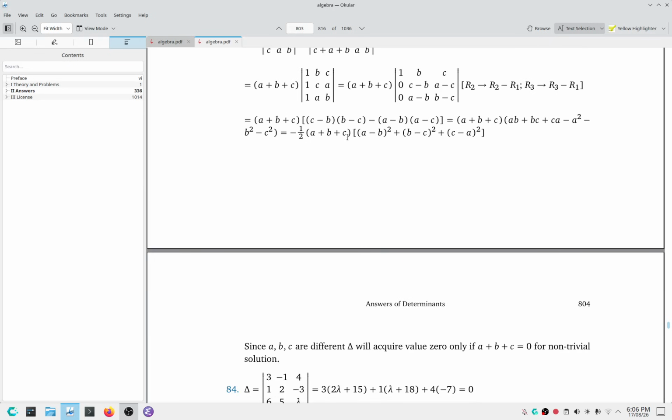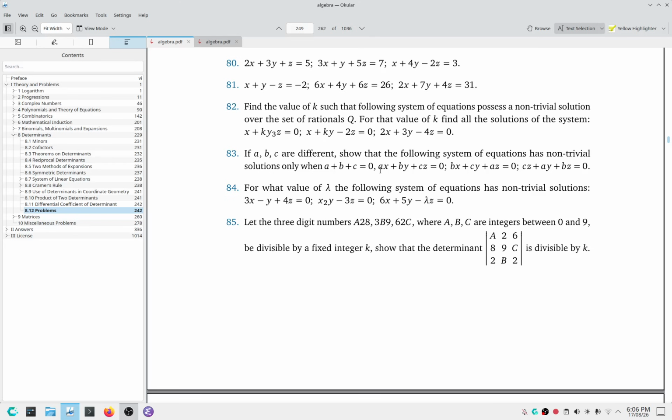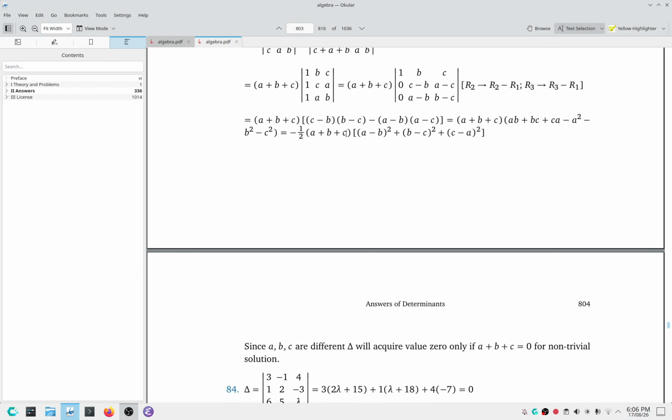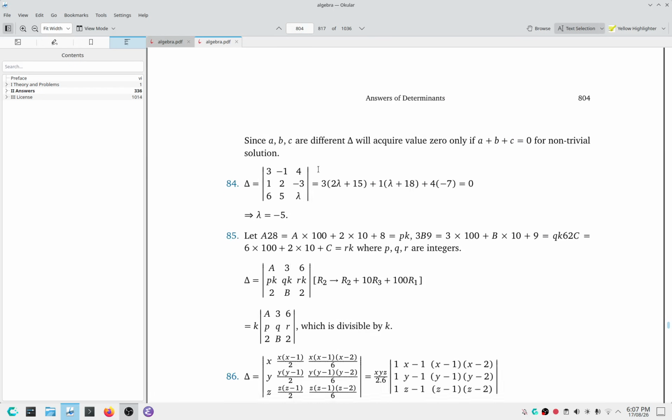Now, since a, b, c are all different, as it is given, the term inside this bracket can't be 0. It will be a positive number. Now, delta will acquire the value 0 only if a plus b plus c is equal to 0 for non-trivial solutions.